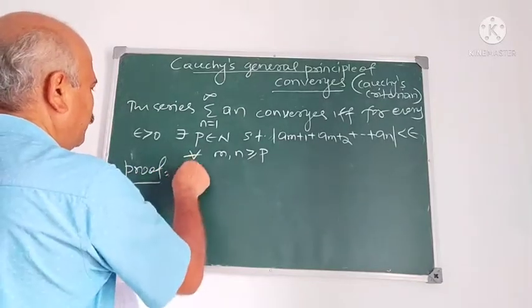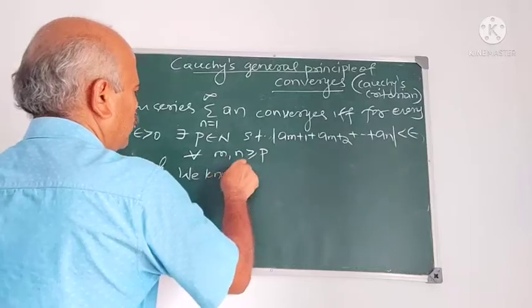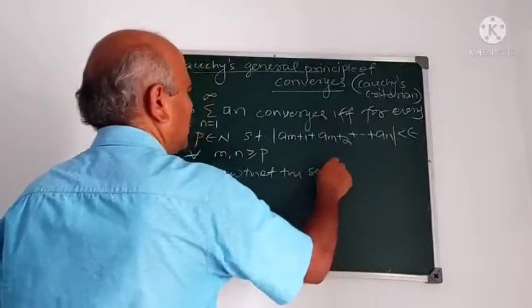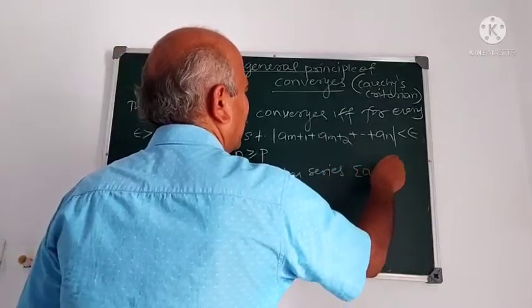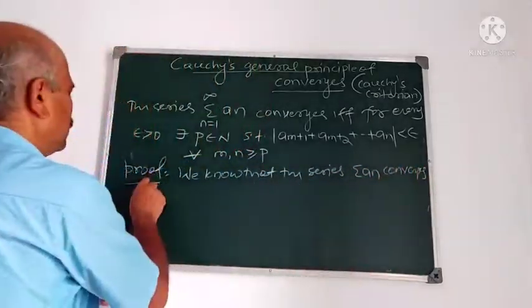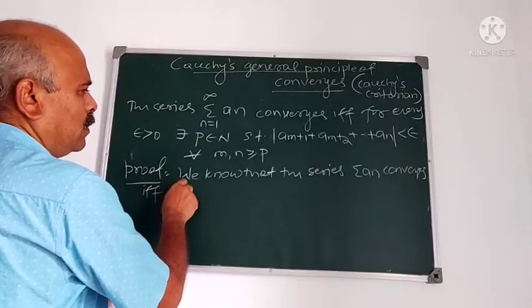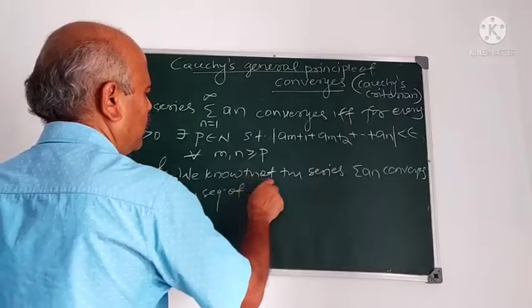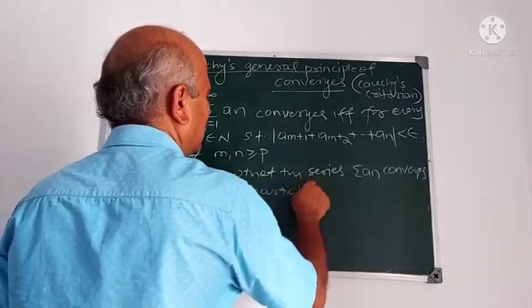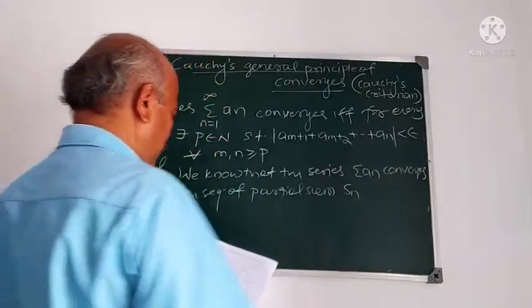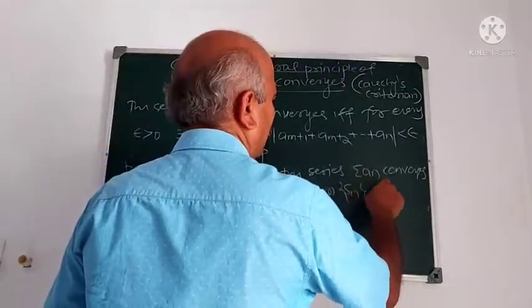we know that the series sigma an converges if and only if the sequence of partial sums, I take this as Sn, converges.